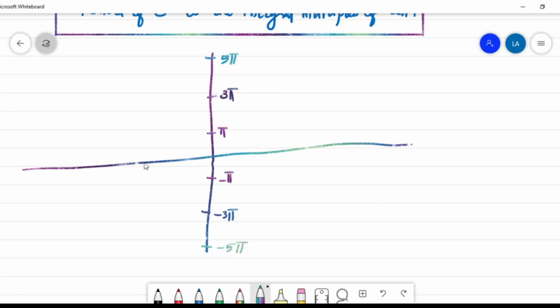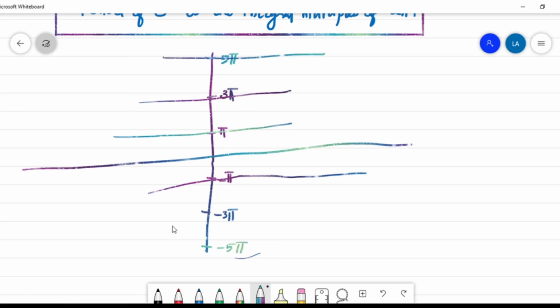Okay, and if we are drawing lines like this, parallel horizontal lines, each having 2 pi distance between.